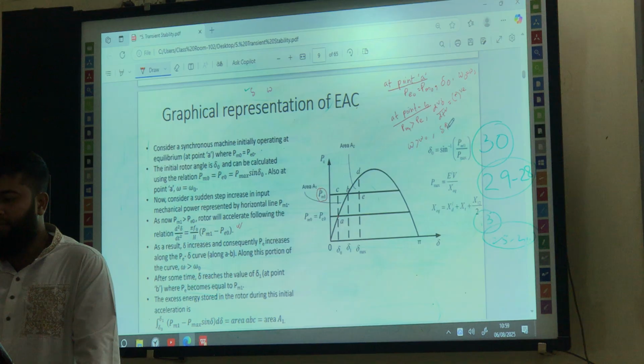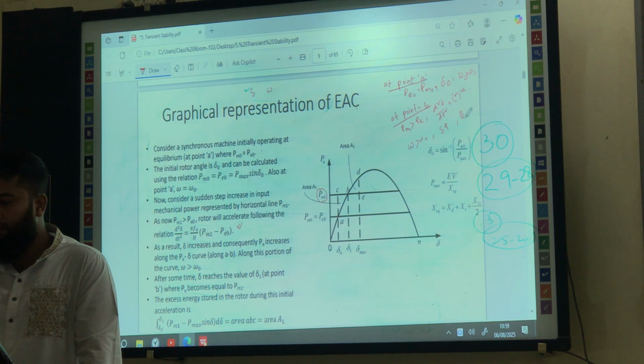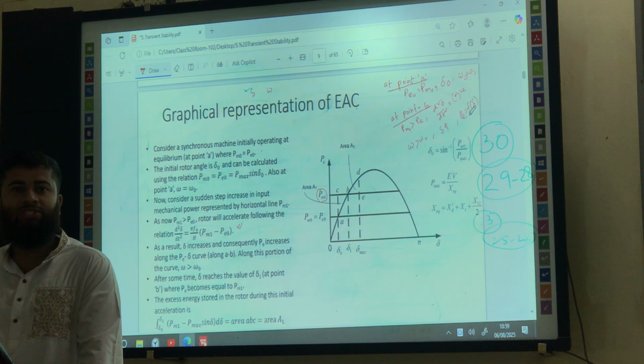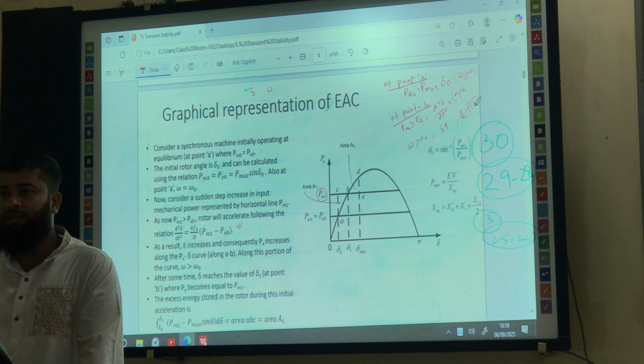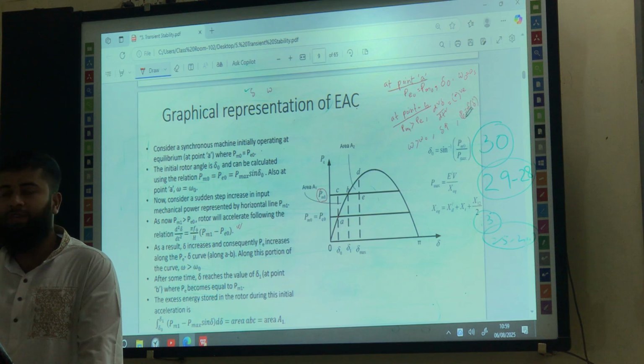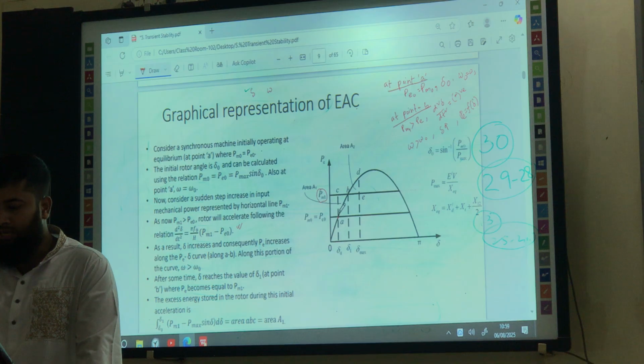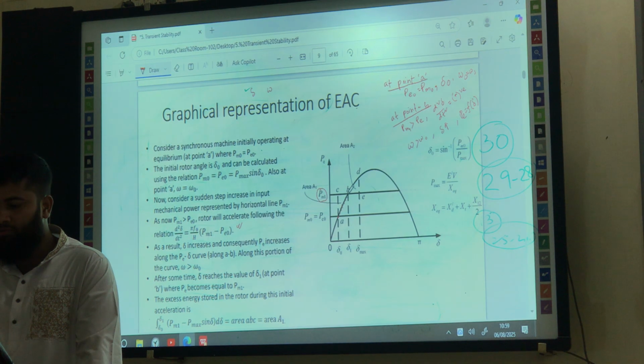Then if delta increases, we know that the PE is actually some kind of function of the delta, right? Sine function of delta. That is, PE is P max sine delta. So if delta increases, the PE value also increases, right? So that's why from this A, the journey will be in this path from A to B, using this power angle curve, right?